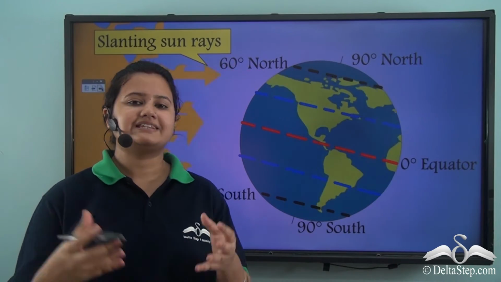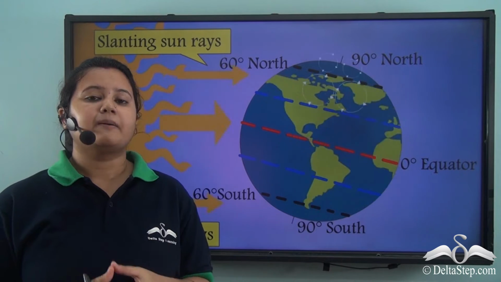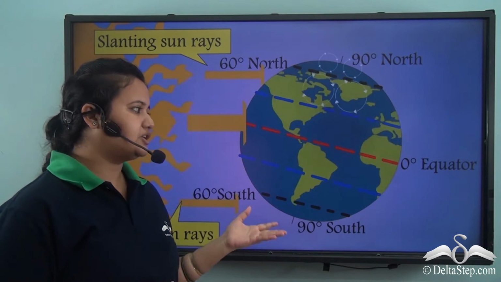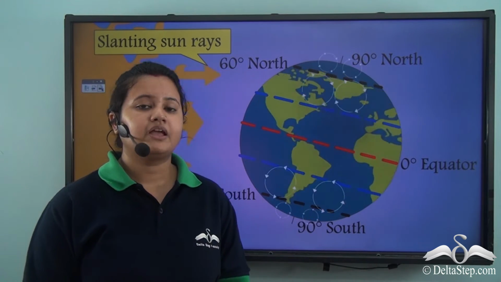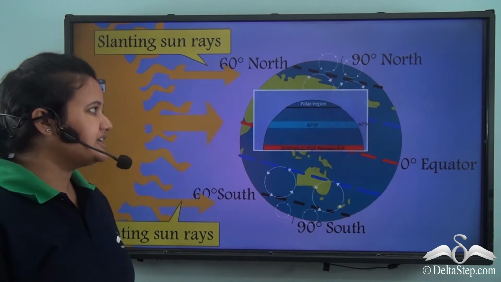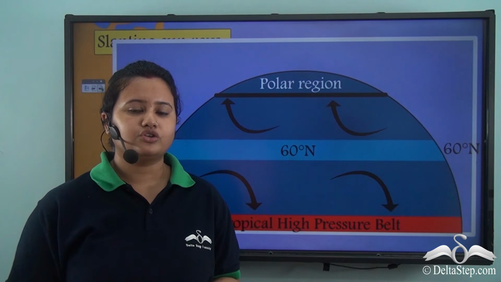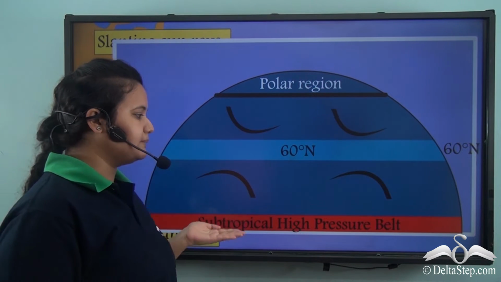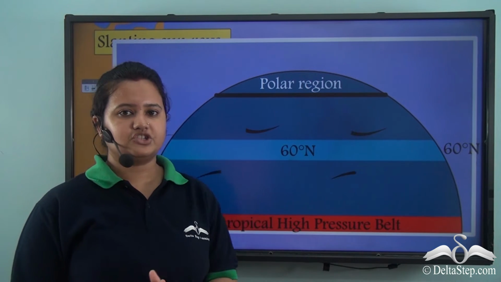Earth's rotation has significant impact on wind movement. The winds move or blow clockwise in northern hemisphere and anti-clockwise in southern hemisphere due to Earth's rotation. Now, as a result of this, the winds in this region, that is 60 degree north and south of the equator, are pushed either to the subtropical high pressure belt or towards the polar region.